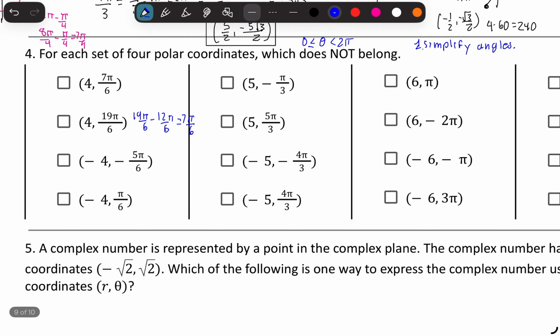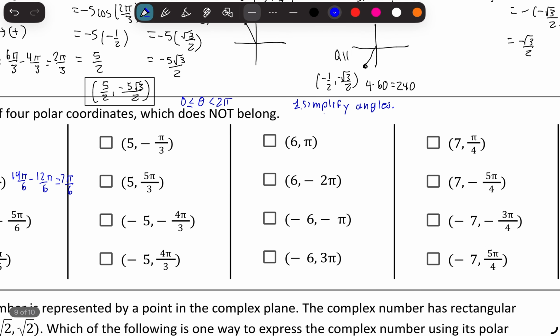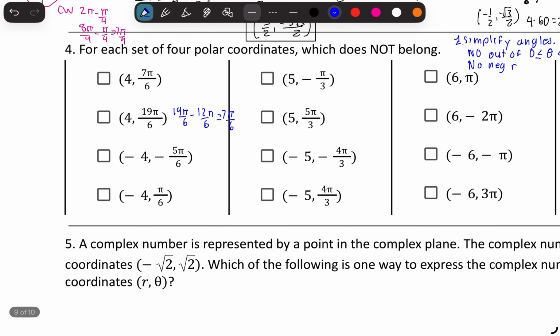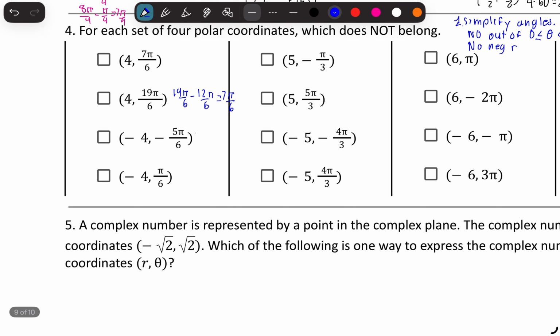So that's the same thing as 4, 7 pi over 6. And we can also convert our negative forms. So what we want to do is know so -4, we can rewrite this plus pi.